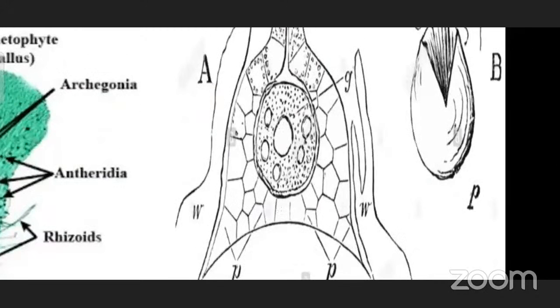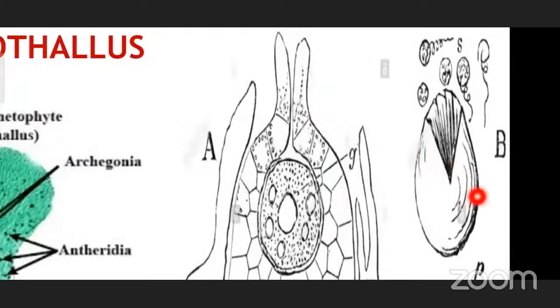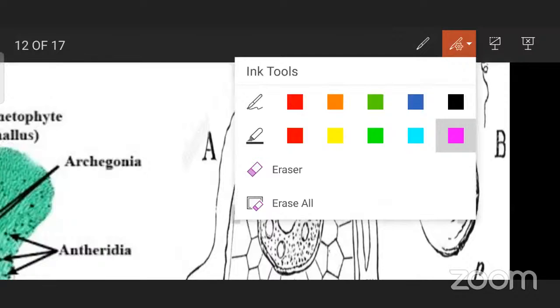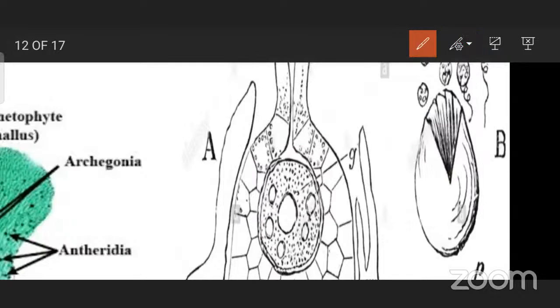And you can see the antheridia. This antheridia produces the male gametes. When it is producing, there will be a basal cell here.